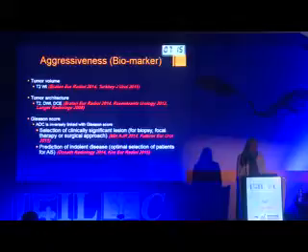The aggressiveness of the prostatic tumor is very important in clinical management, and it is detected by MRI regarding the tumor volume and the tumor architecture, and also the Gleason score, as we mentioned earlier, in correlation with the ADC value.